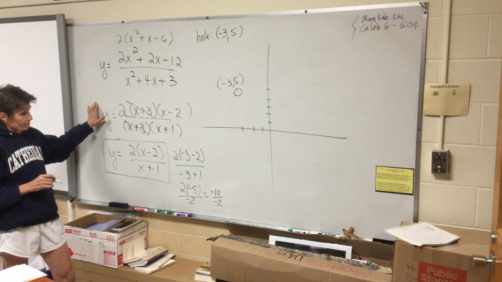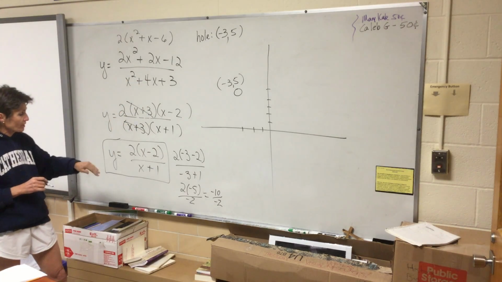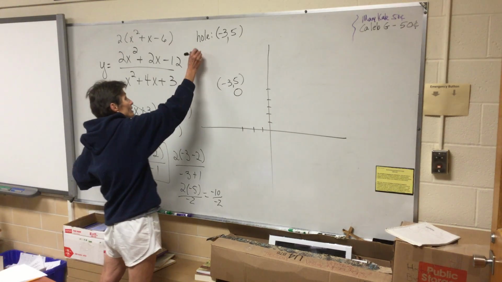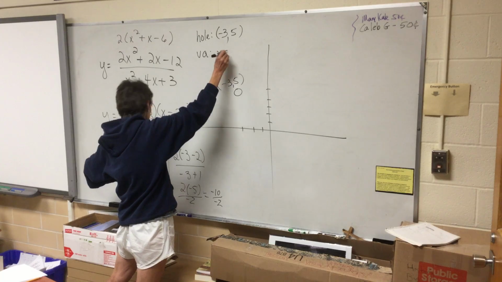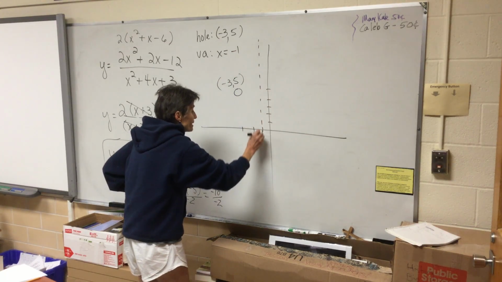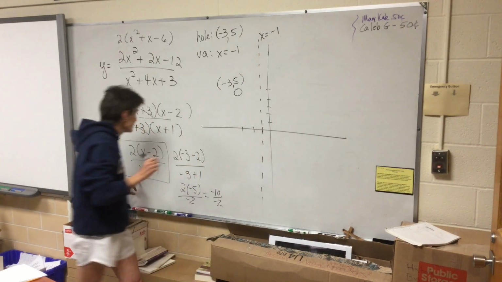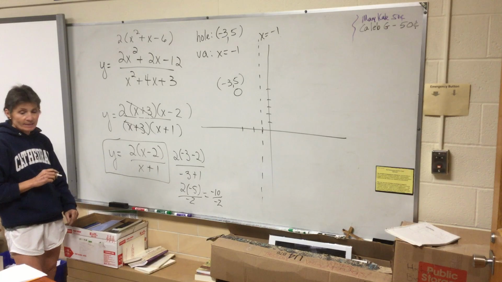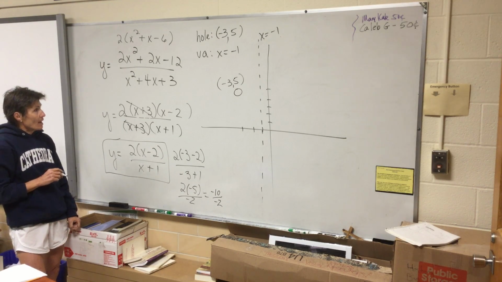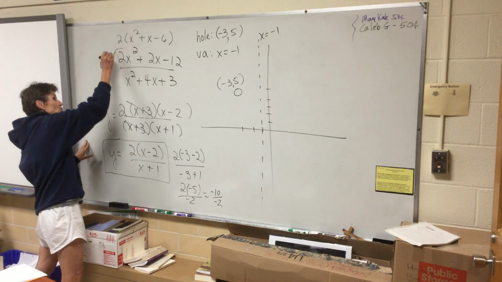Now, what else do I need in there? I did the hole because I had cancellation. Now I'm looking at this, and I'm going to have a vertical asymptote at x equals negative 1. Because vertical asymptotes happen when the denominator is 0. I can either look here or at my original problem.